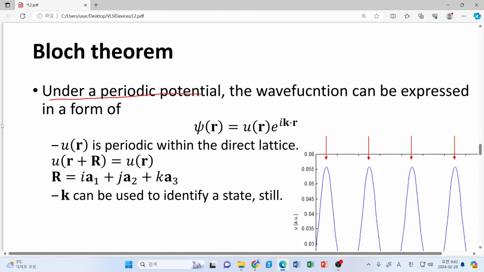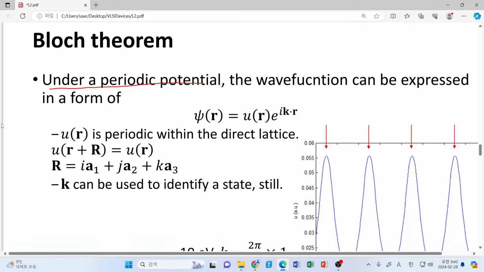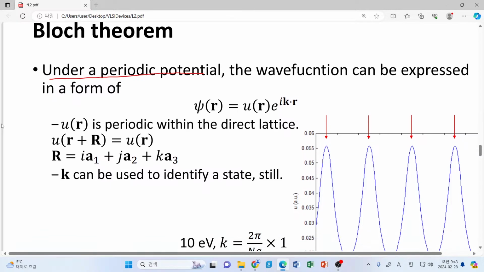Under a periodic potential, the wave function can be expressed in the form of this one. The wave function is written as our free electron wave function. However, there is another factor multiplied to the free electron wave function, and this is doing some job of modulation.